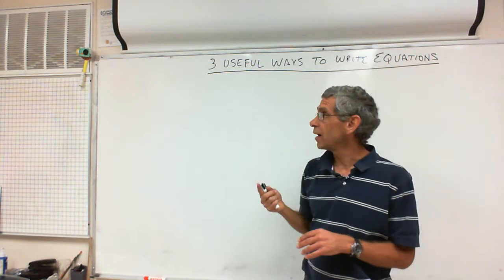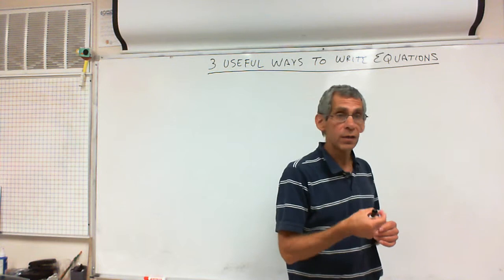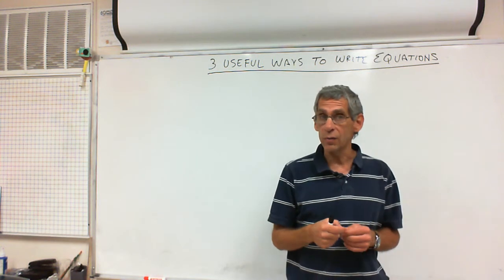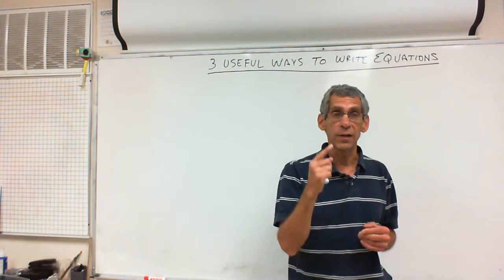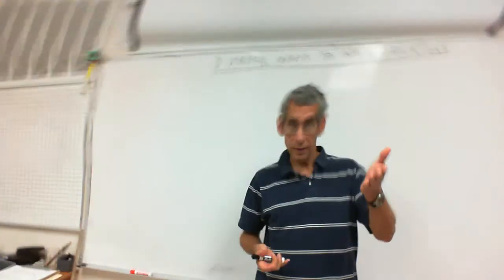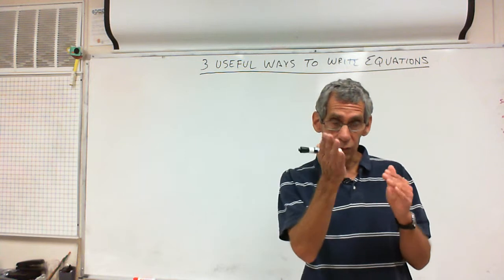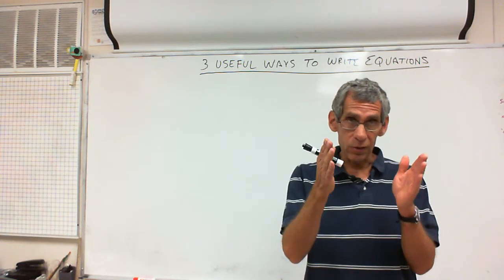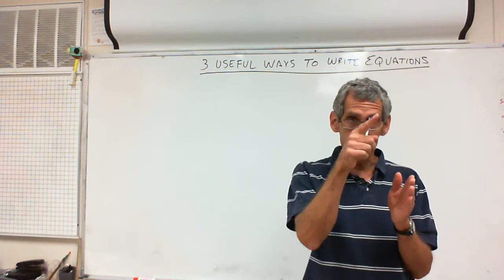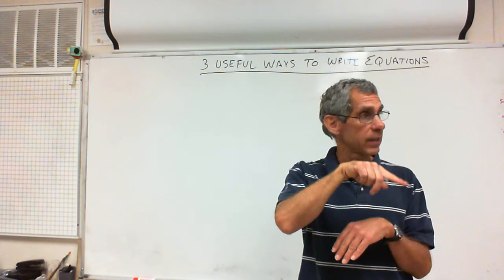And so what we're going to talk about today are 3 useful ways to write a straight line equation. We're only talking about straight lines right now. That poster up there on the wall has y equals x, which represents a straight line, and then has y equals x squared, which represents a parabola. It can either be a happy face parabola or a sad face parabola.